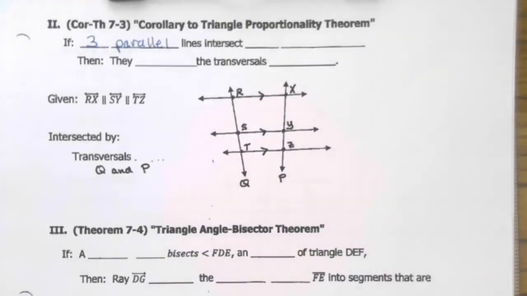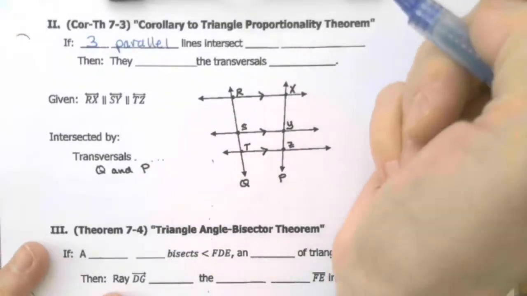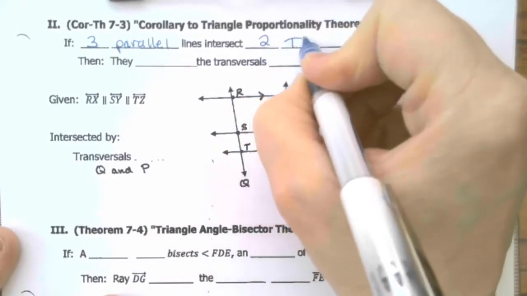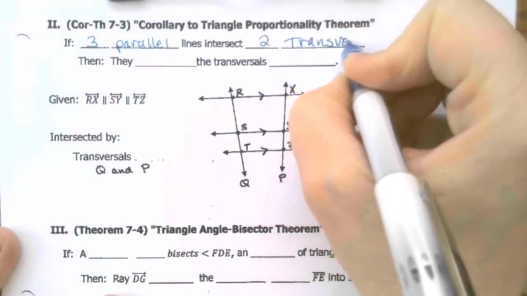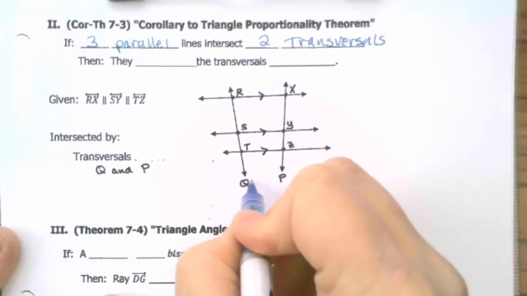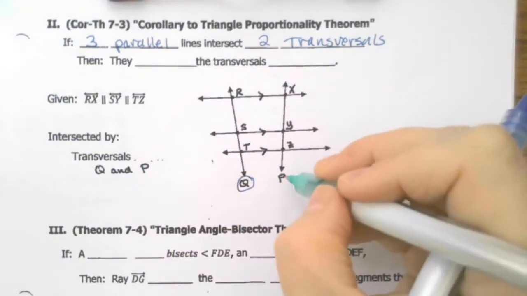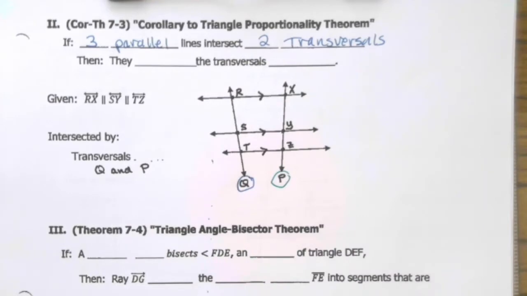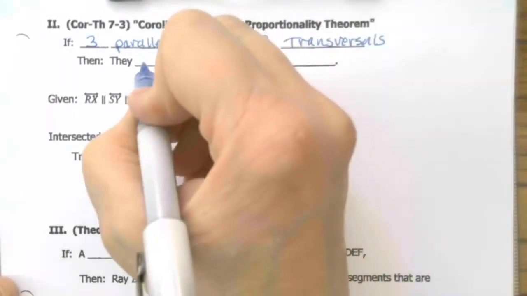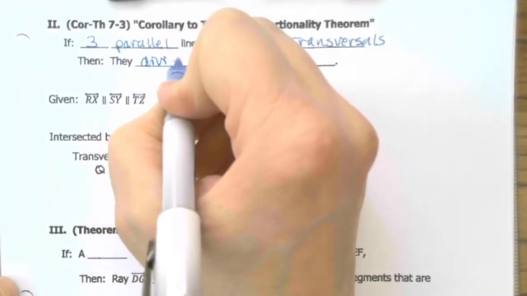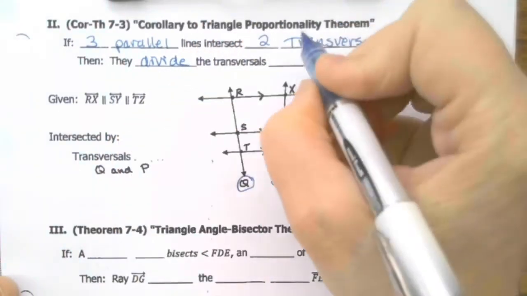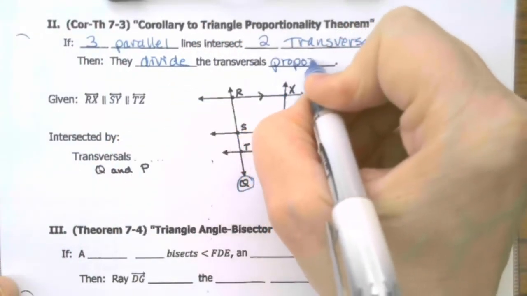This one's related because there are three parallel lines that intersect two transversals. So I have Q as a transversal, and I have P as a transversal. Then they divide the transversals proportionally.